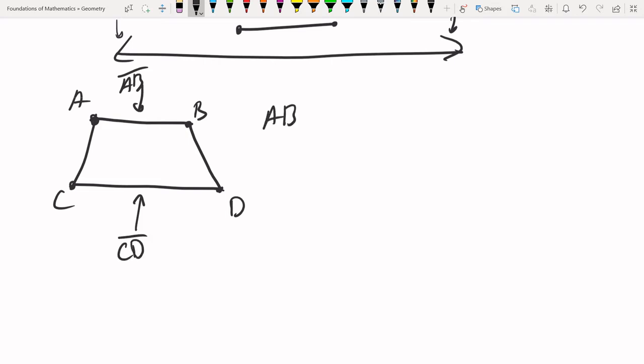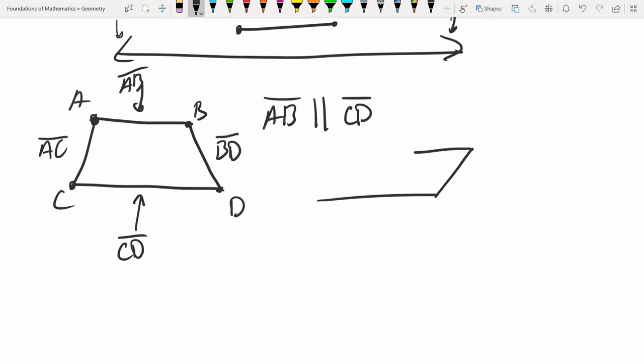That's typically written as AB is parallel to CD. And then line segments AC and BD do not share parallel. They're non-parallel. They're just kind of whatever else you want. So another example of a trapezoid could be something like this. That's a trapezoid. But this is not a trapezoid.